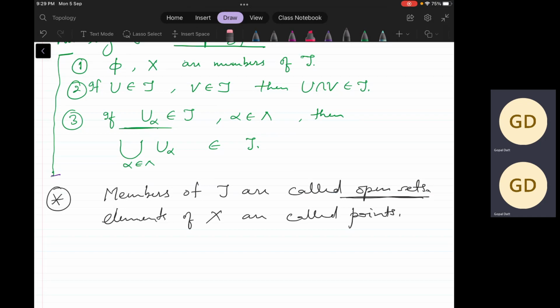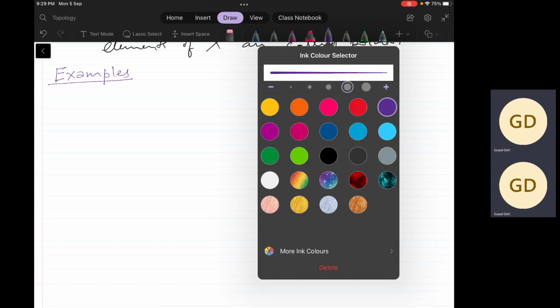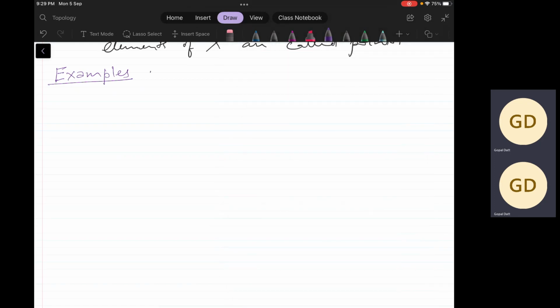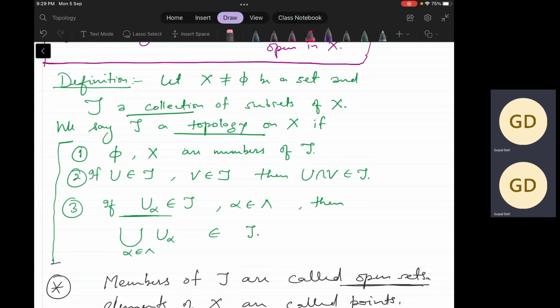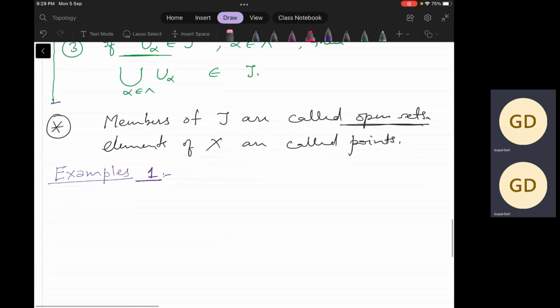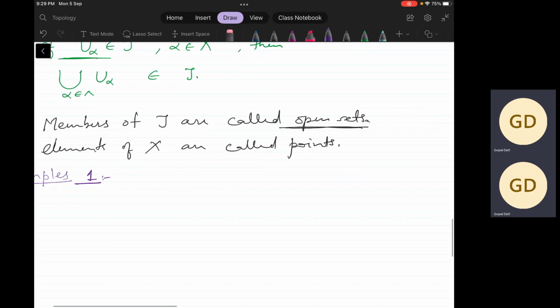Okay, so let us see some examples first. From the above discussion, we all know at least one example of a topology. Let me also say something about the above definition.